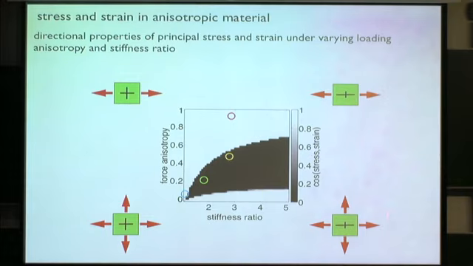And if we look at the directionality of the stress and strain, when we change these two, we come up with two distinct regions, in one of which the stress and strain are perfectly perpendicular, and in the rest of the regions they are aligned.